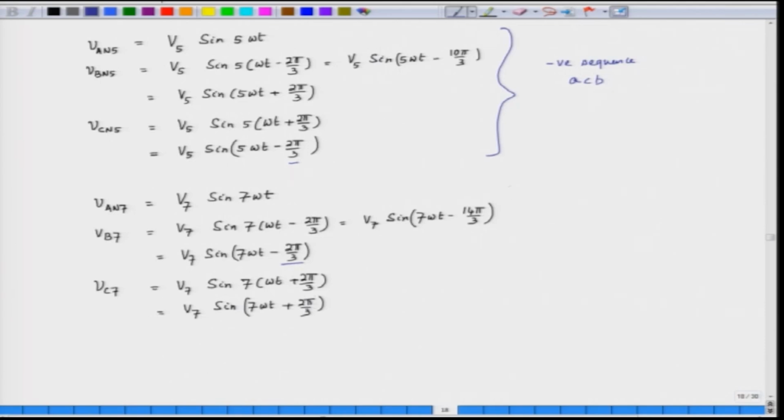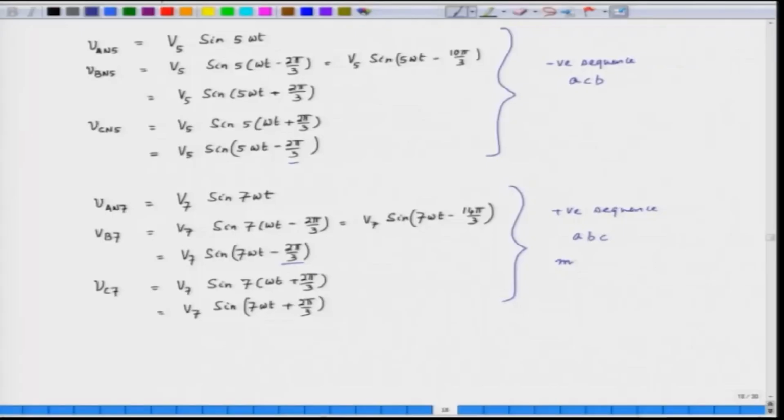So, in this case the phase sequence is again positive, and we can say that the phase sequence is same as the fundamental, that is A followed by B followed by C.